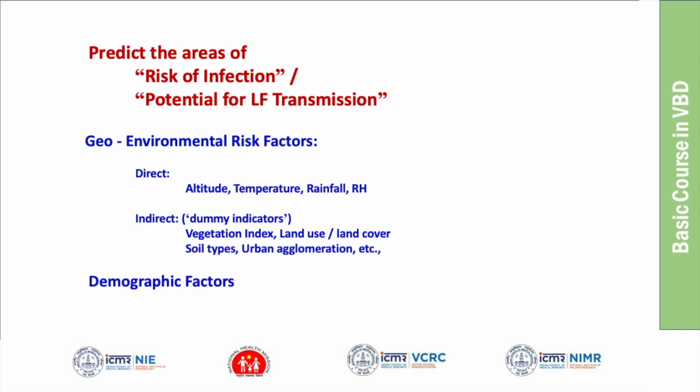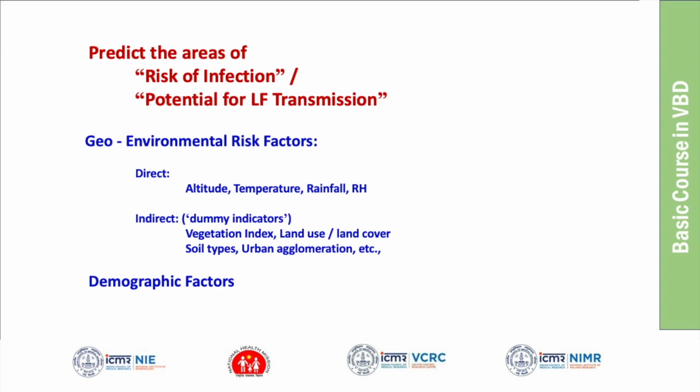For that purpose, we enlisted all the likely risk factors, the geo-environmental risk factors. There are some factors, altitude, temperature, rainfall, and relative humidity, that are directly responsible for the disease occurrence.